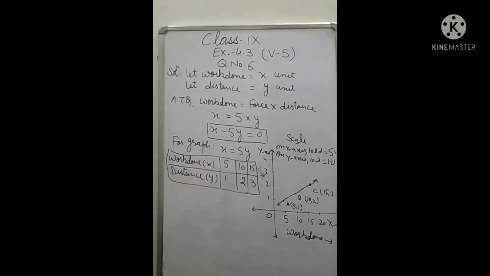So here we can give the answer. The first part, read the graph for the work done when the distance is 2 unit: it is 10 unit. And the answer of the second one is 0 unit. So this is question number 6 and this is our answer.